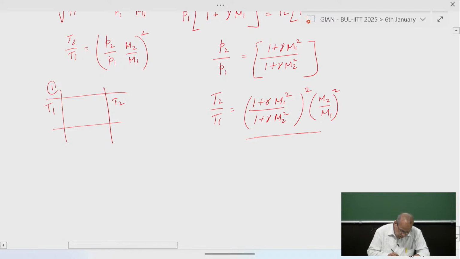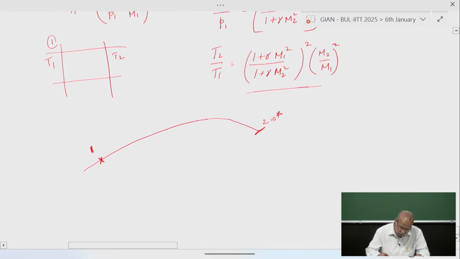So let's look at the upper branch of the Rayleigh curve. The Rayleigh theory starts from 1. For us, we may limit it somewhere here, but the theory itself goes to 2, and 2 is eventually a critical point.